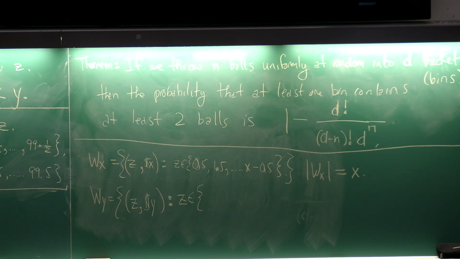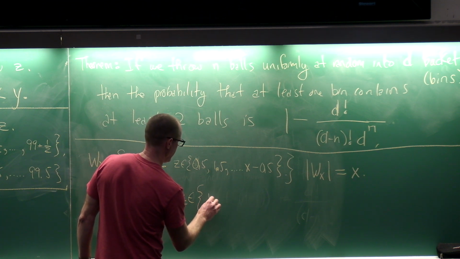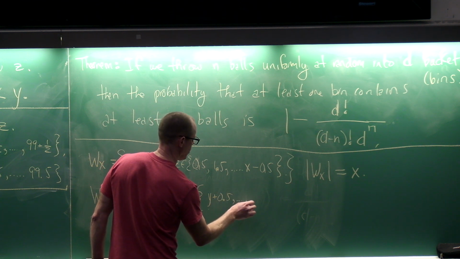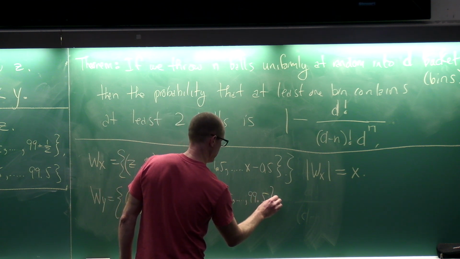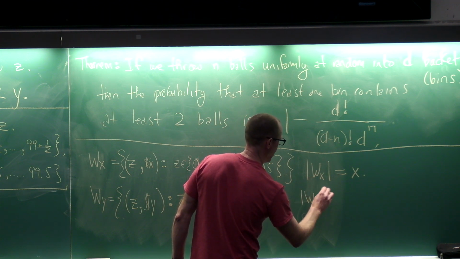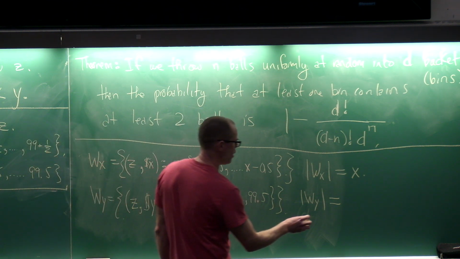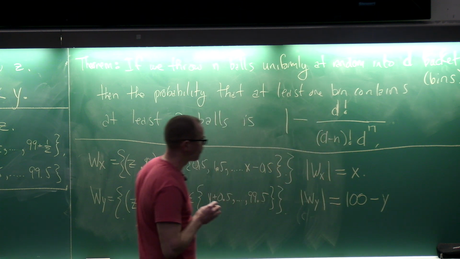And if y is 2, how many are bigger than y? 98. Okay. So this is the z in y plus 0.5 up to 99.5. So the size of Wy, I think we figured out, is 100 minus y.